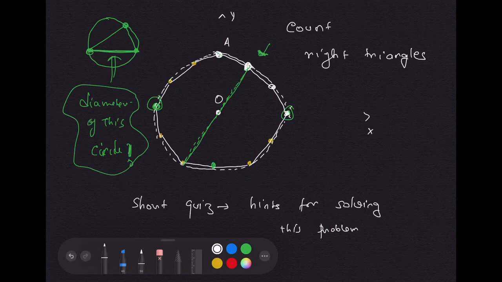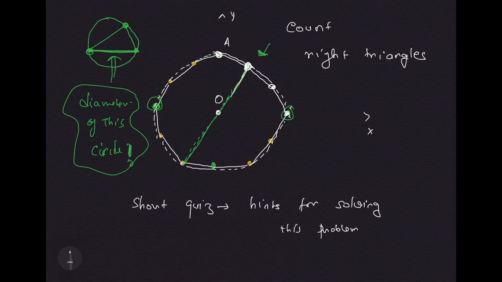Okay, so now we have diameters like this. The question is, how many distinct diameters can we draw? Whenever we choose a vertex, suppose we choose this vertex, let's call it P, there is a vertex that is diametrically opposite to P. Let's call it P prime.